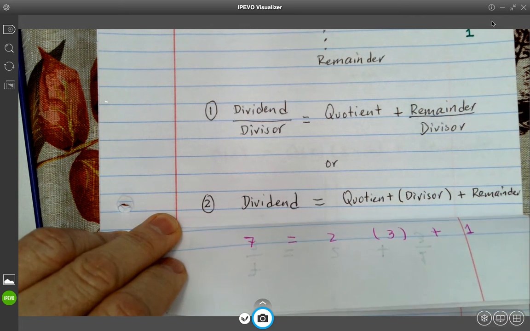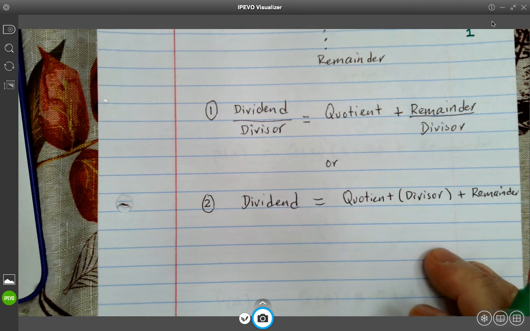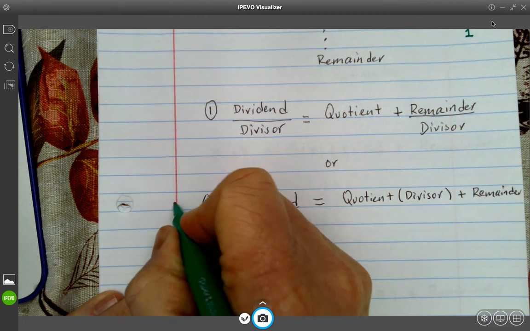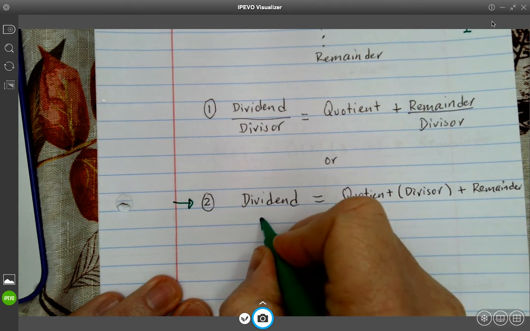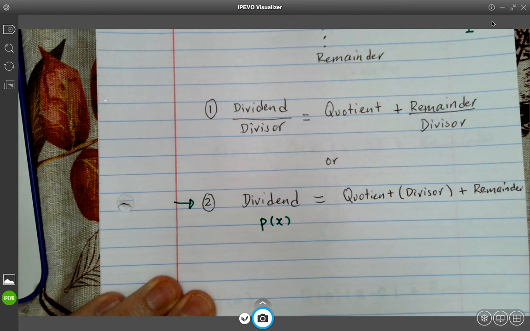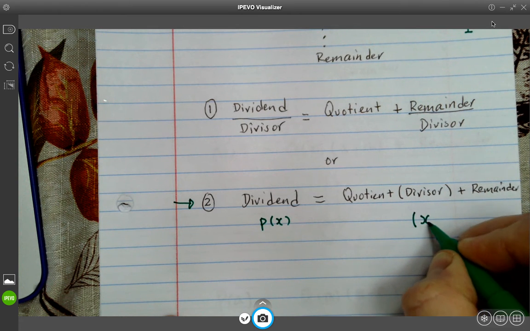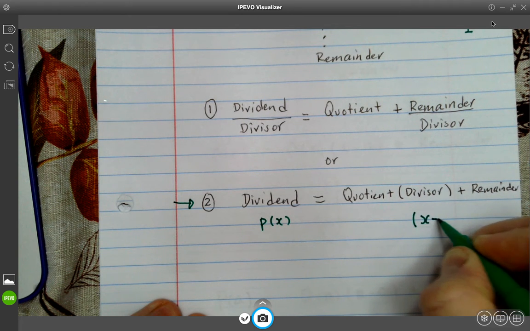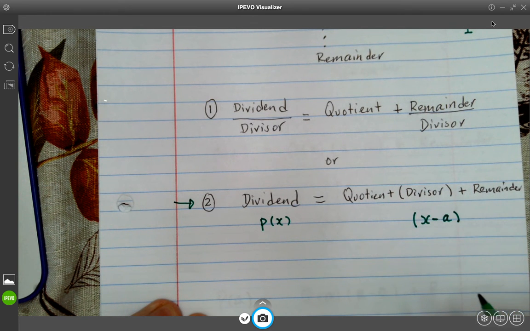All right, so in a similar way we are going to do this with polynomials. Let's say we have any polynomial in x, and we are dividing by a divisor of a certain form, so let's say x minus a in this case.